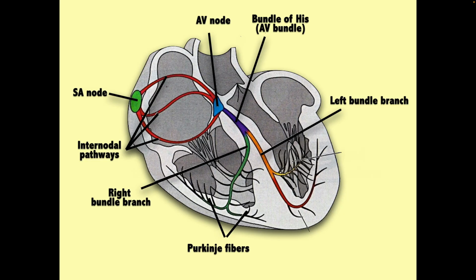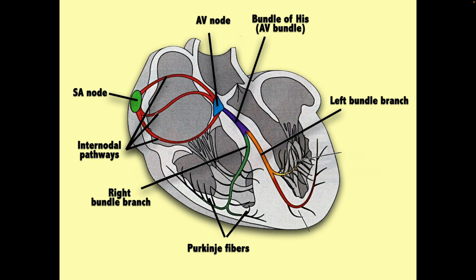Okay, so we get to the AV node, and then we jump off into the ventricles, and we get to what's called the bundle of His, right below the AV node, and the conduction system immediately bifurcates into the left bundle branch, which goes into the left ventricle, and the right bundle branch, which goes into the right ventricle. Then the bundle branches start bifurcating into these very small fibers, kind of like capillaries, except they're not blood vessels.